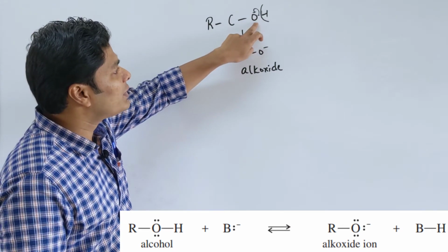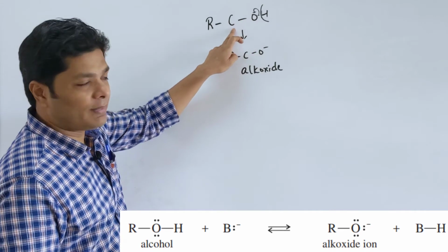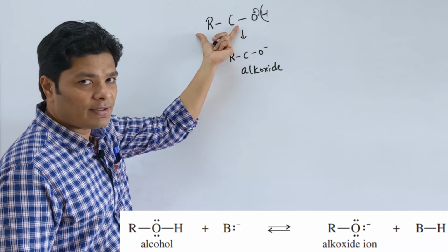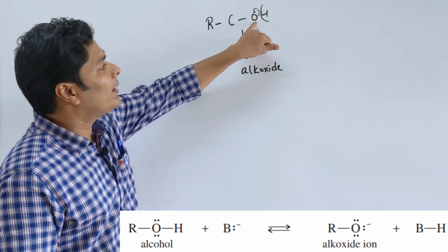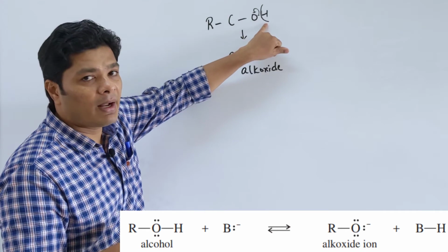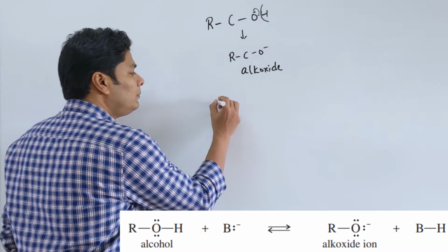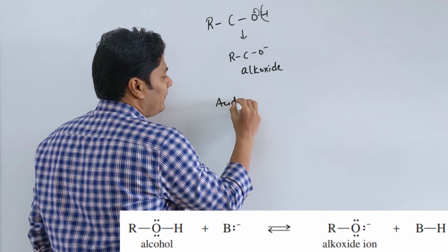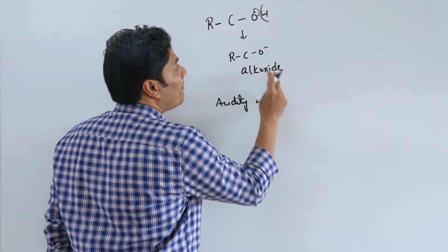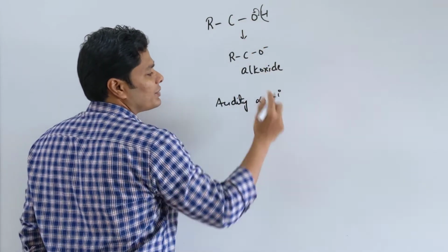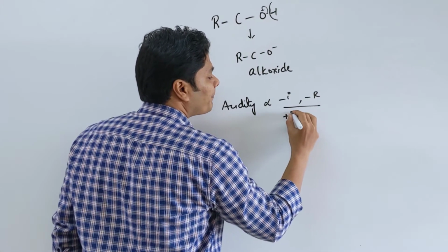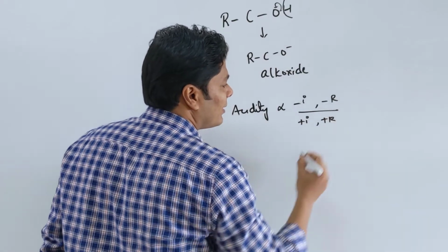So if it wants to take electrons, it shouldn't get too many electrons from this side. So as the inductive effect or resonance effect of this side increases, the electronegativity of the oxygen is decreased, so it cannot take electrons efficiently from hydrogen. So we can say acidity is proportional to the minus I of the group attached to oxygen and also minus R, and inversely proportional to plus I and plus R.